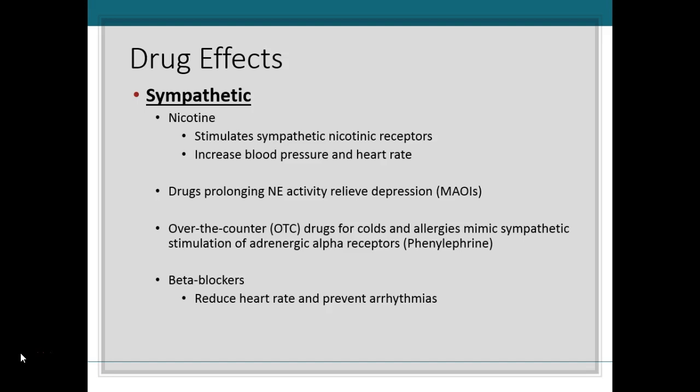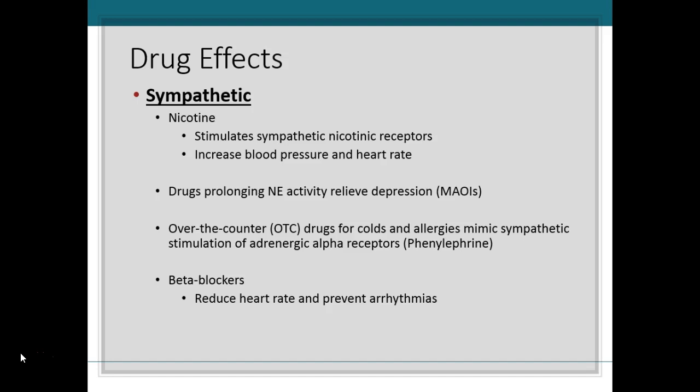And then beta blockers. A lot of people that have high blood pressure may take beta blockers, or if there's another cardiovascular disease or disorder, depending on what it is. So it's not a cure-all. But because the beta cells, when they are bound to neurotransmitters, they are going to be excited and increase the rate and the force of contraction.